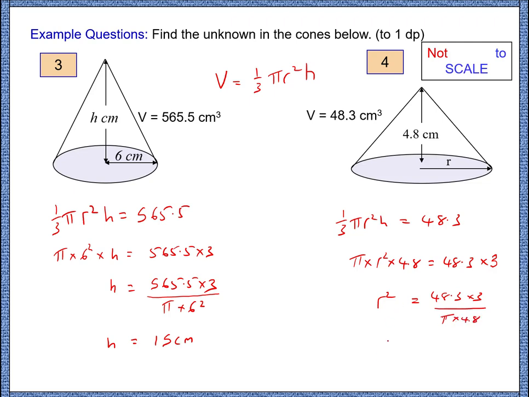But that's r squared, so r is going to be the square root of all of that. The solution will be 3.1 centimeters. Good. So you can write those down and save.